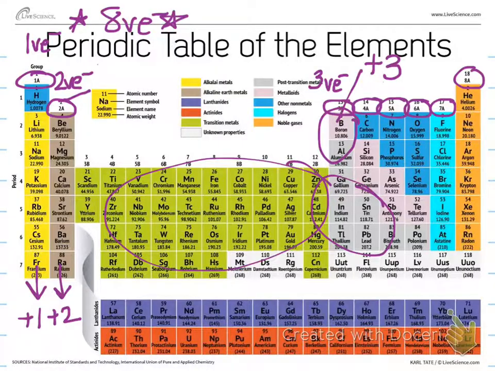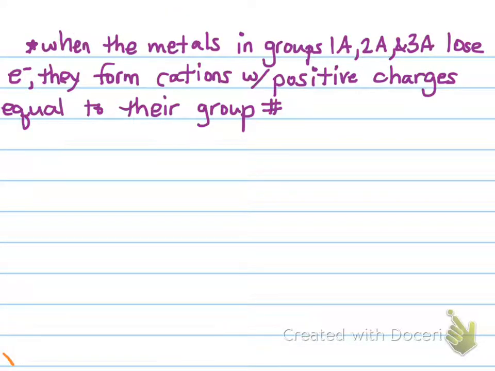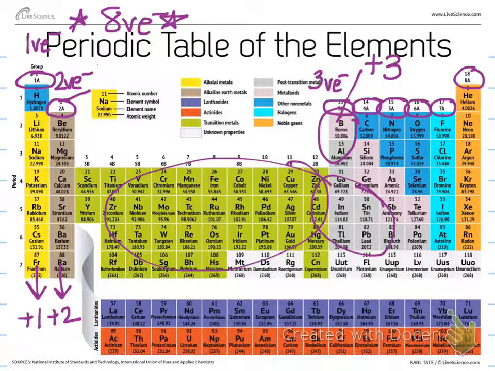However, you also can use this idea, which is when the metals in group 1A lose, they form a positive charge equal to their group number. So group 1A has a charge of +1, group 2A +2, group 3A +3. I don't care which way. Whatever works best for you is fine with me. What's important is that you know that the elements in group 1A have a charge of +1, group 2A +2, and group 3A +3.